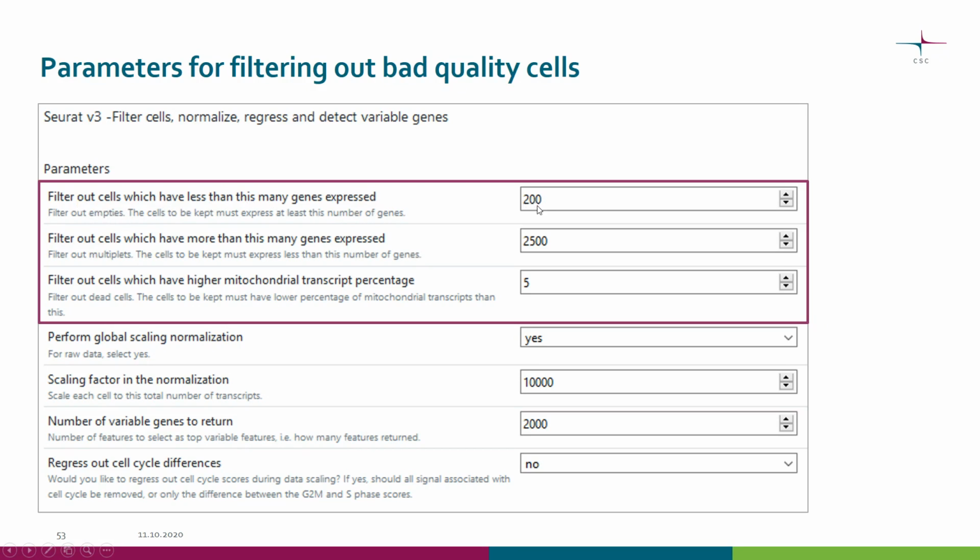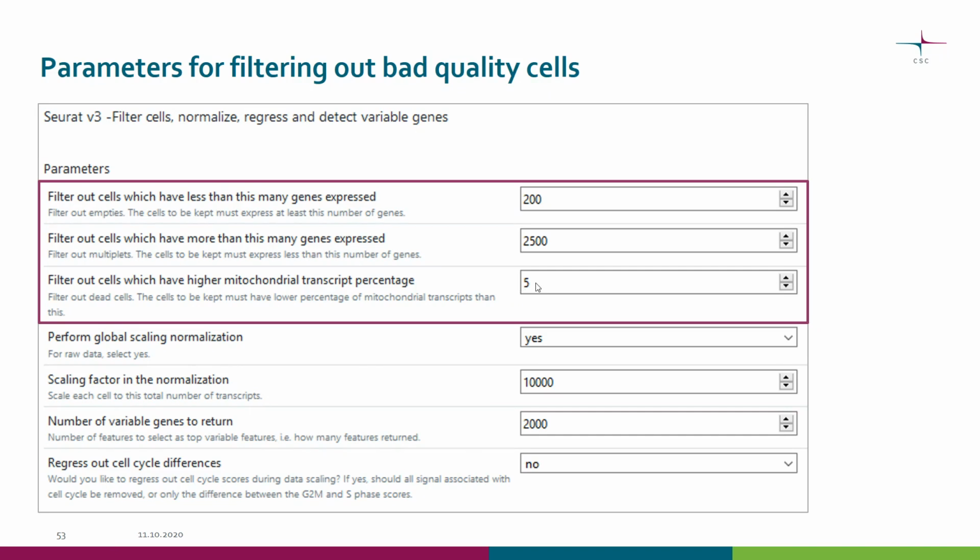How many expressed genes must a cell have in order to be kept? You also want to get rid of multiplets, so you want to get rid of cells which express more than this many genes. And finally, you want to get rid of the dead cells too. The default value for the mitochondrial transcript percentage is 5.